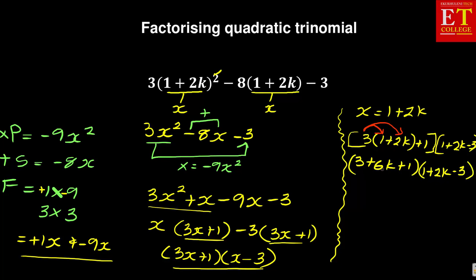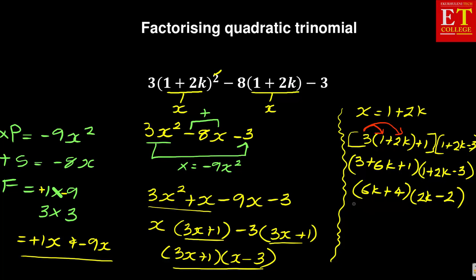So now you have to add the numbers together, which is 6k plus 4, because 3 plus 1 is a 4, and 2k minus a 2. Now that is how you can factorize that.